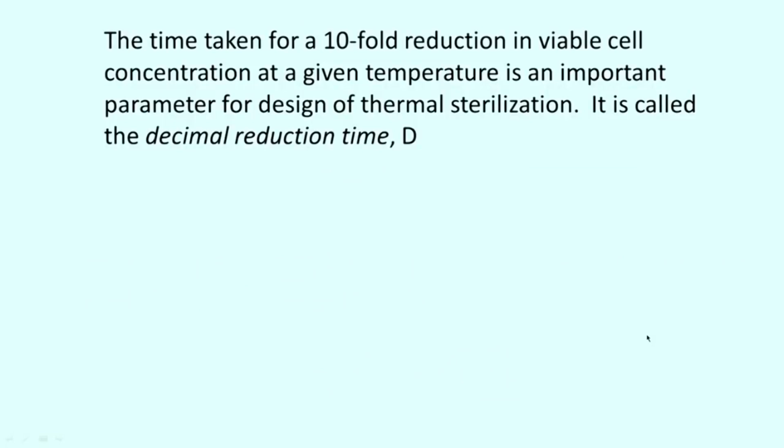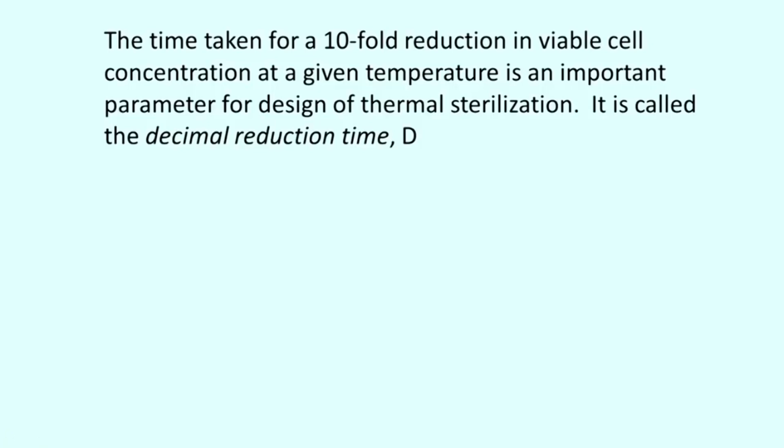The time taken for a 10-fold reduction in the viable cell concentration, when if it was initially a certain value, it has gone down to 1/10 of what it was initially. That is the 10-fold reduction in viable cell concentration at any given temperature, an important parameter for the design of thermal sterilization.